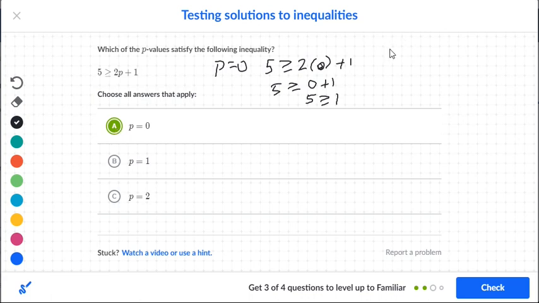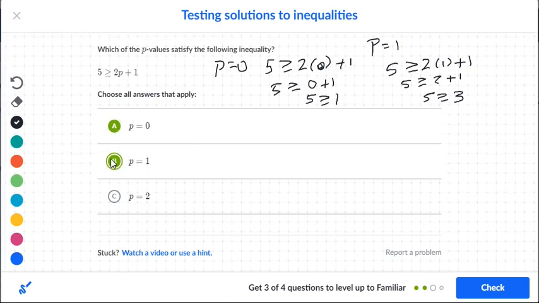So let's try P is 1. We're going to say 5, compare that to 2 times 1 plus 1. That's 2 plus 1, and that's 3. Is 5 better than 3? Yes, that's true. Okay, this time let's say P is equal to 2.